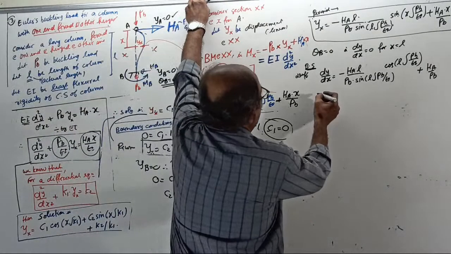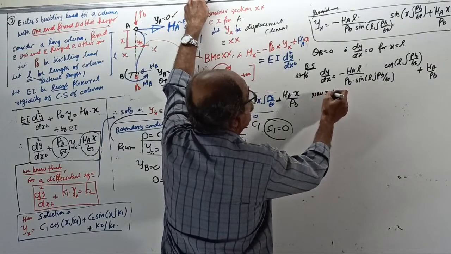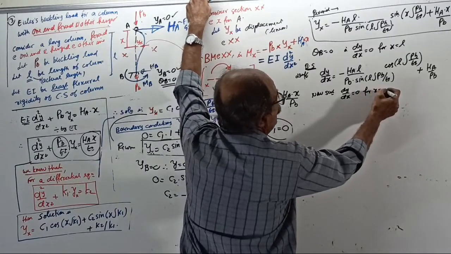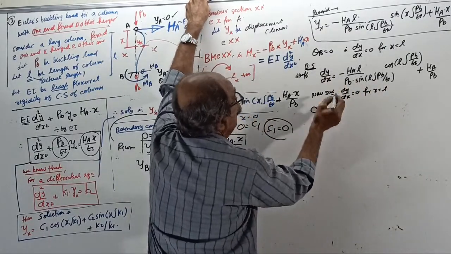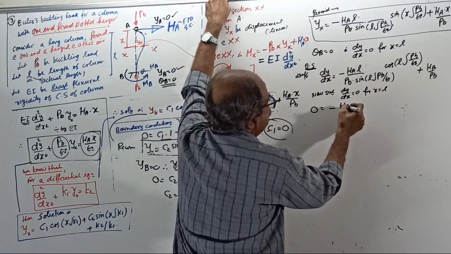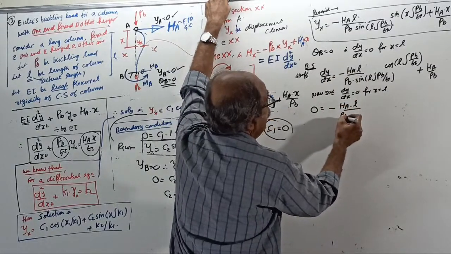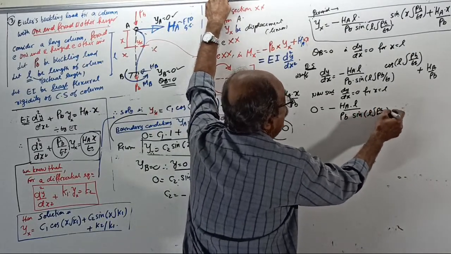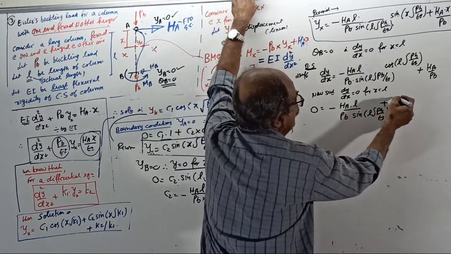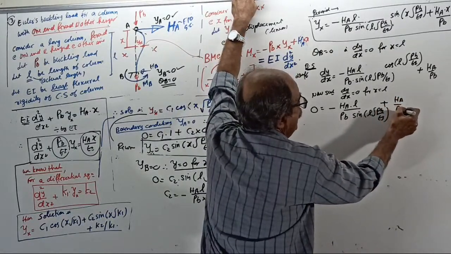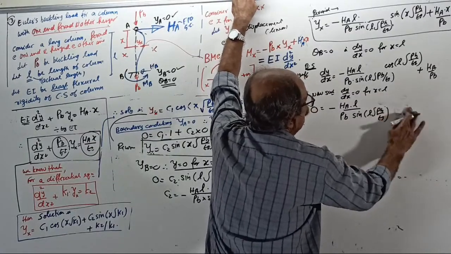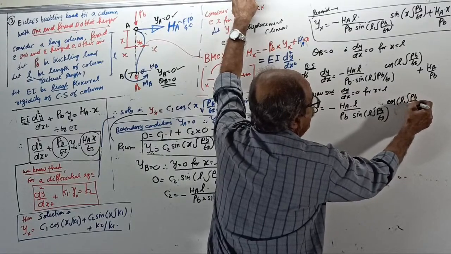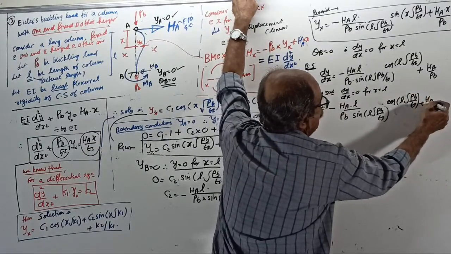Okay, now substitute dy by dx equal to 0 for x equal to L. See here. 0 equal to minus HAL by PB into sine of L root PB by EI plus HA by PB into cos of L root PB by EI plus HA by PB.